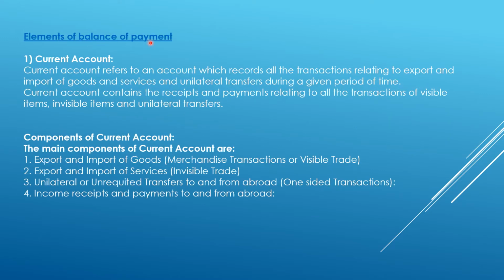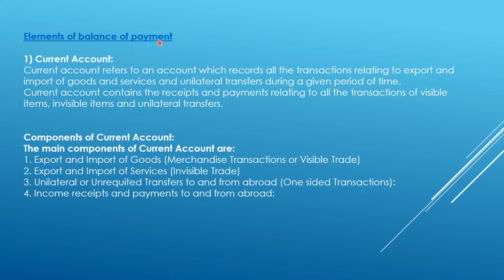Elements of balance of payments. Now we know what balance of payment means. A balance of payment shows all the receipts and all the payments occurring due to the monetary transactions between the residents of the country and the rest of the world. So balance of payment includes transactions which are visible in nature, invisible in nature, unilateral in nature and capital in nature.